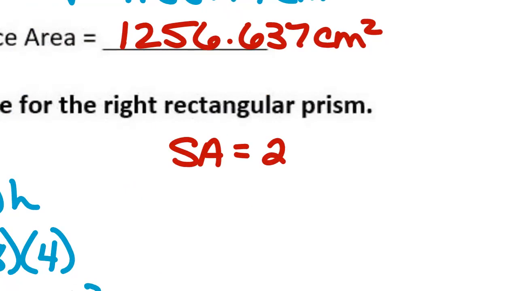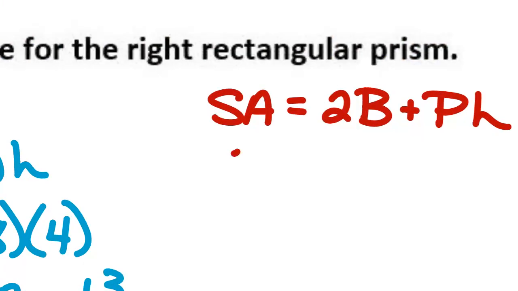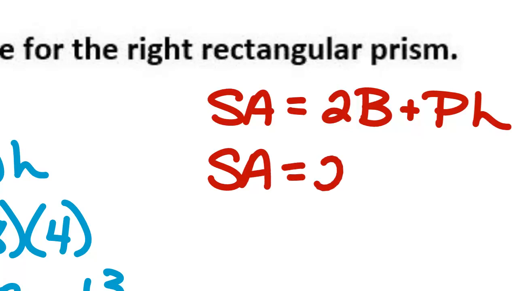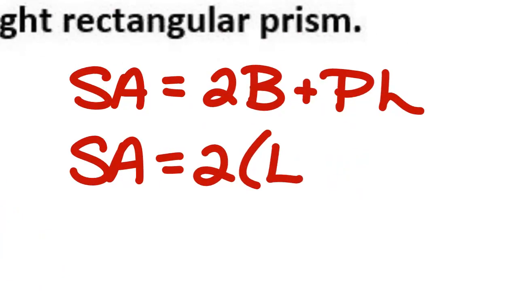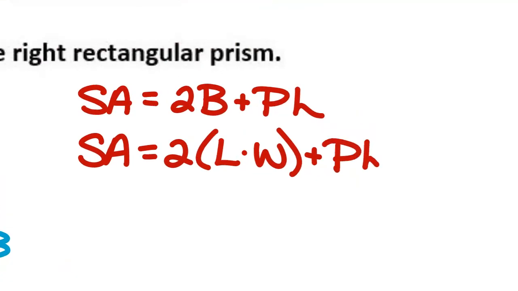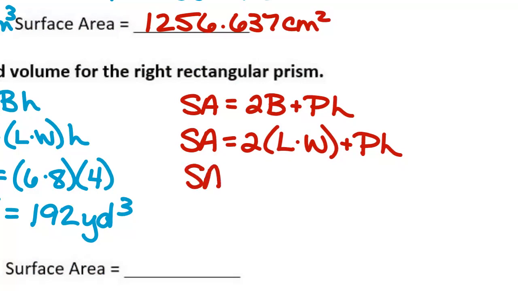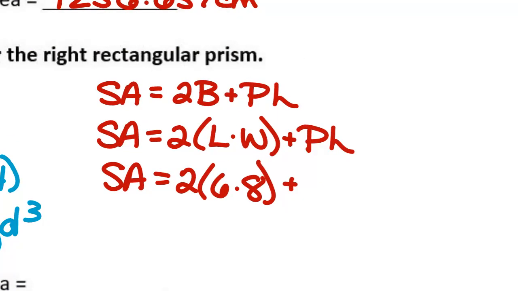Surface area, 2 times the area of the base, plus the perimeter of the base times the height. Again, we do area of the base by doing length times width, so 2 times length times width, plus the perimeter of the base times the height. So 2 times 6 times 8, plus, let's see, we have 16 and 12.